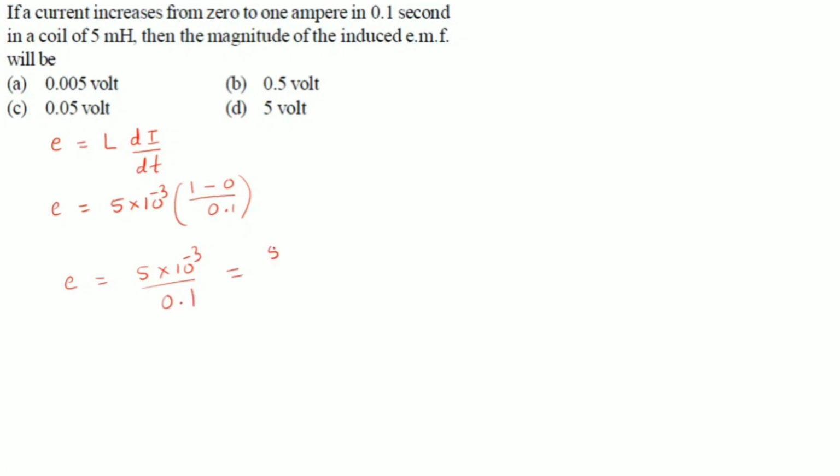Or we can write 5 into 10 raised to minus 3 divided by 0.1 as 5 into 10 raised to minus 3 into 10 raised to plus 1. So that will be 5 into 10 raised to minus 2, or 0.05 volt. So the answer is option C.